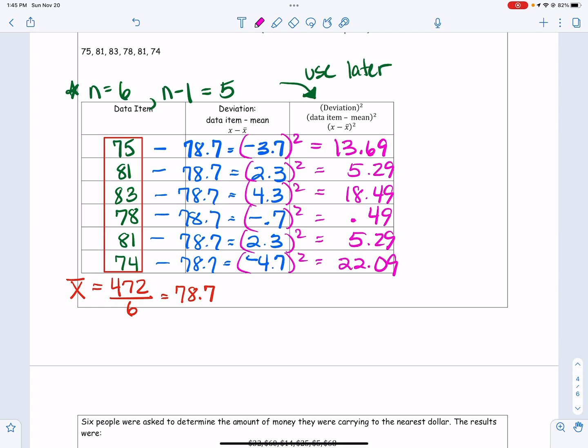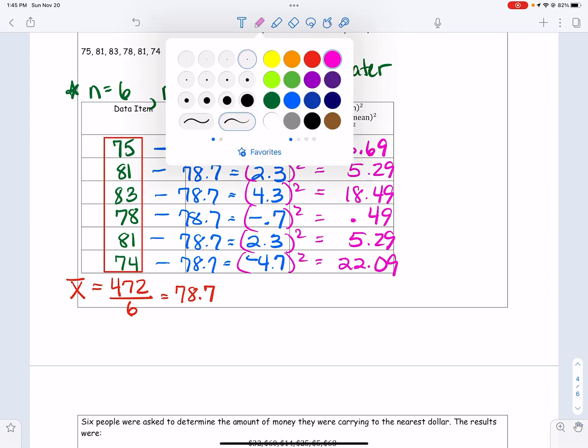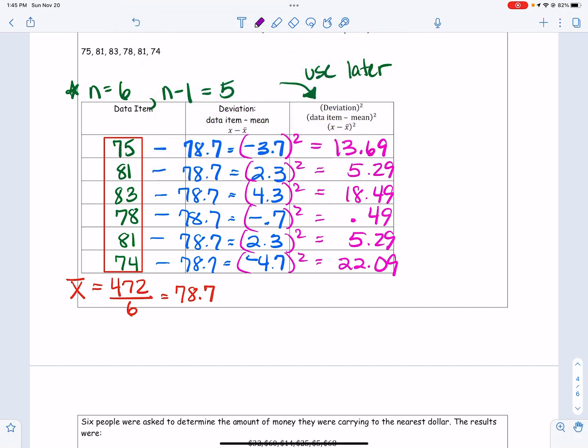22.09, okay? So now I am going to list or sum these numbers. So I'm going to now add up these numbers, and I'm just going to put a plus there.